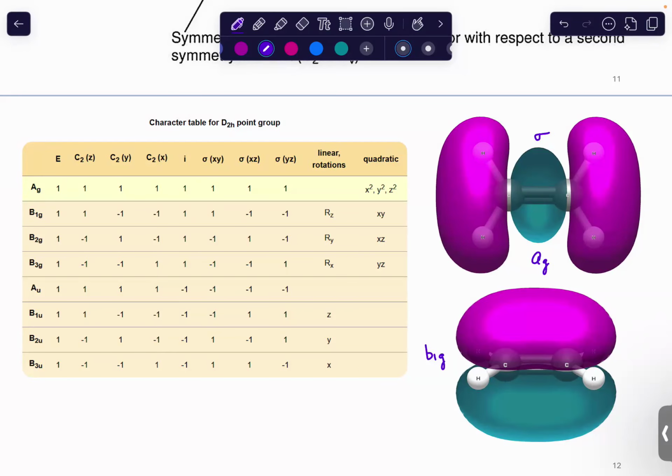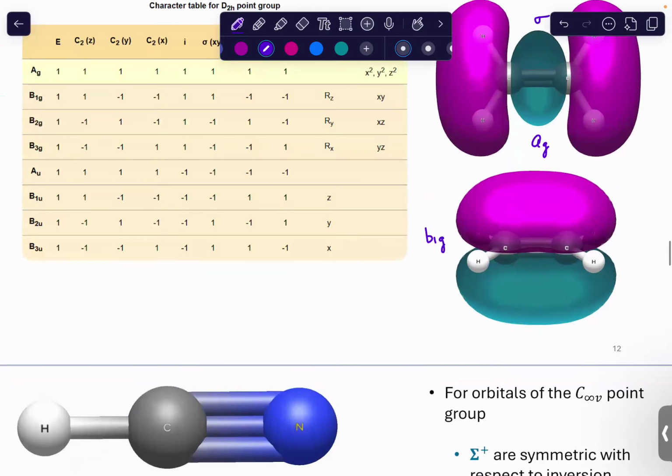Okay. As we're talking about molecular orbitals, let's say you were drawing something like this where you have all these structures in the middle.